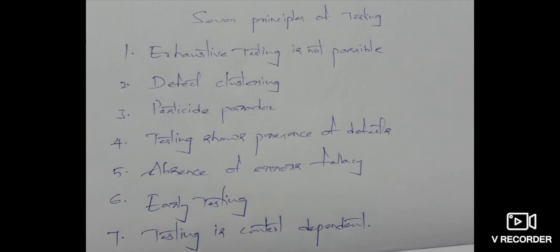Fifth one is absence of errors is a fallacy. Suppose we have a software application that is 99% bug free. Even a 99% bug free application may become unusable if it doesn't meet customer requirements and expectations. It is because, suppose you perform testing once the software is completely developed, and the requirements were collected by a business analyst, and he commits a mistake while collecting requirements, and the software is developed for wrong requirements.